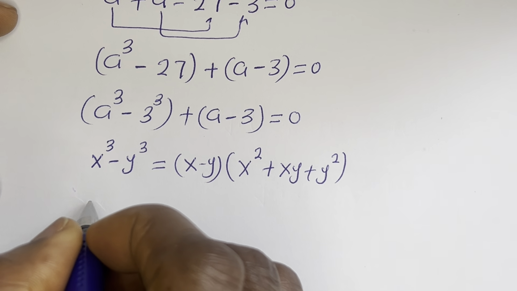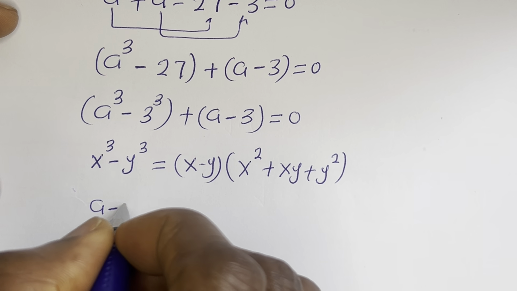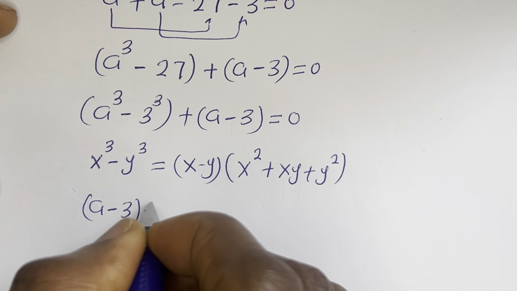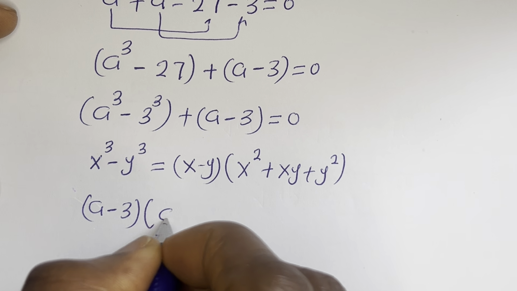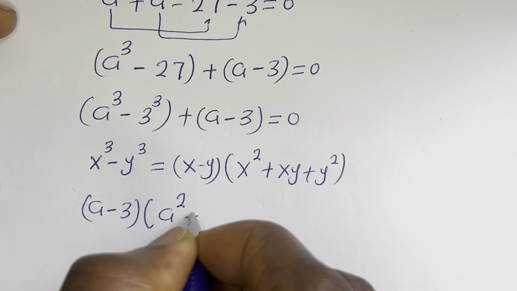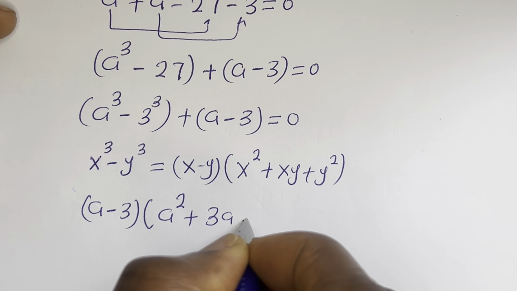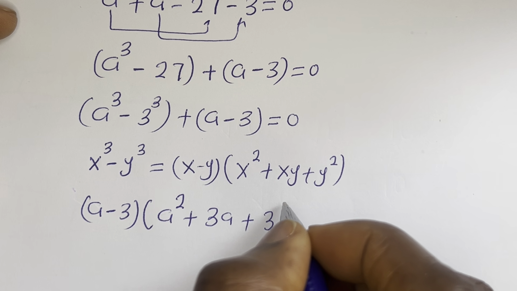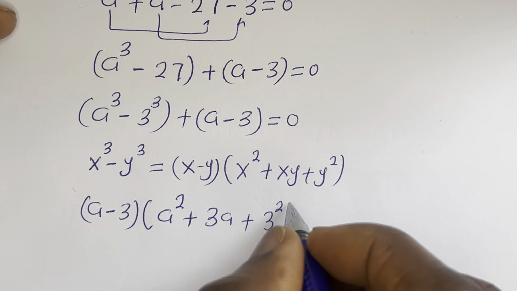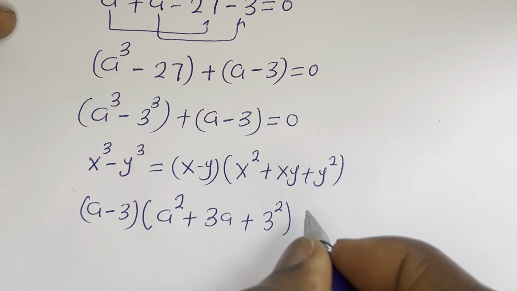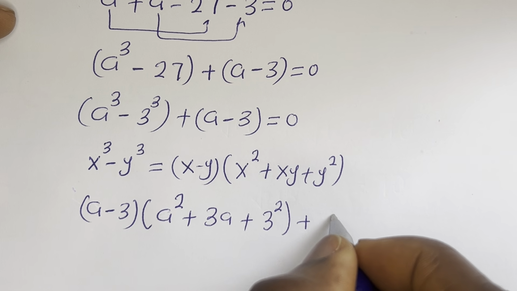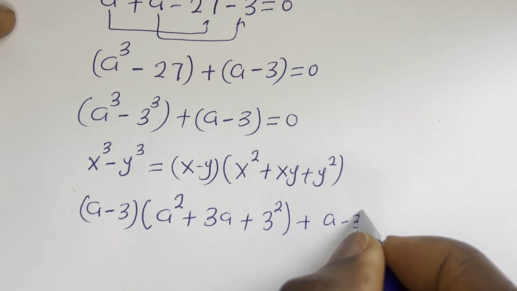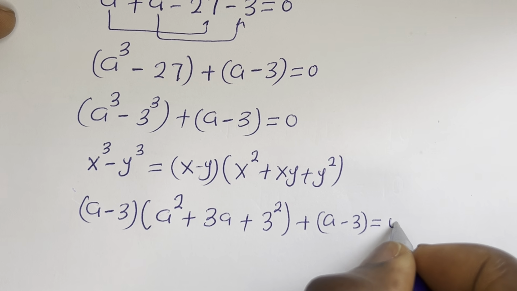Then we have a minus 3 bracket a square plus 3a plus 3 square, plus here is a minus 3 is equal to 0.